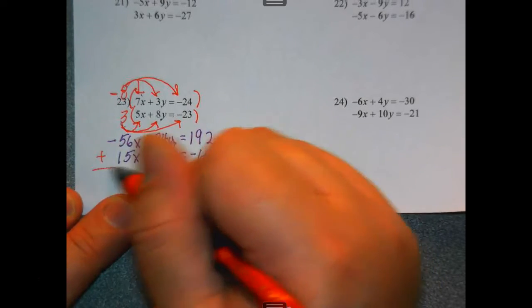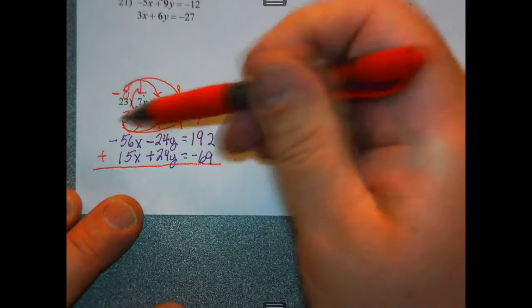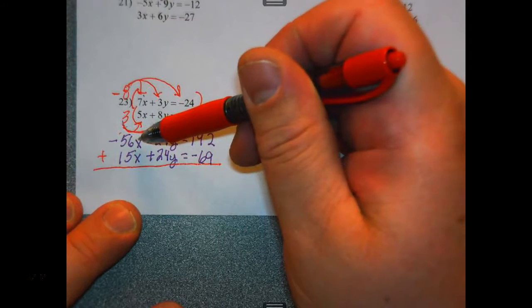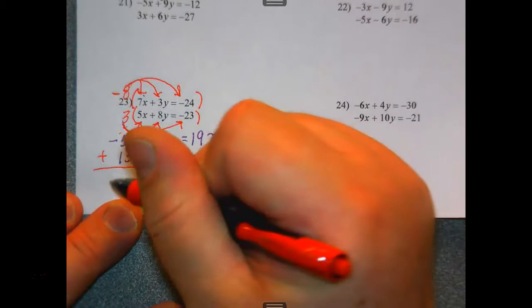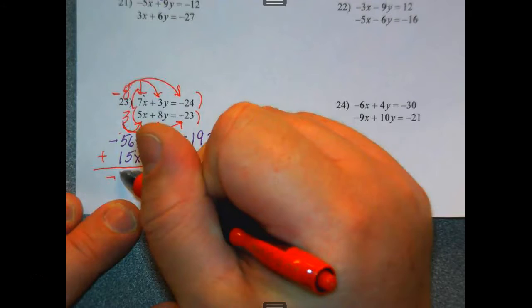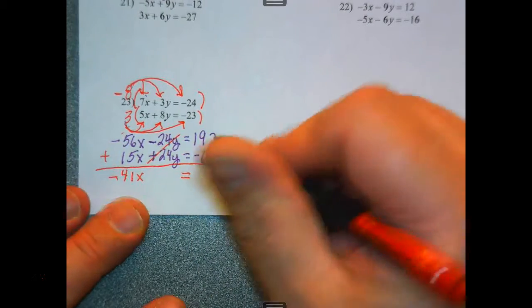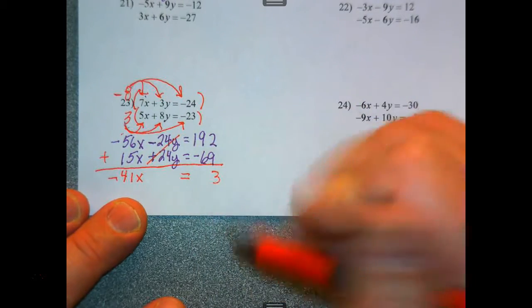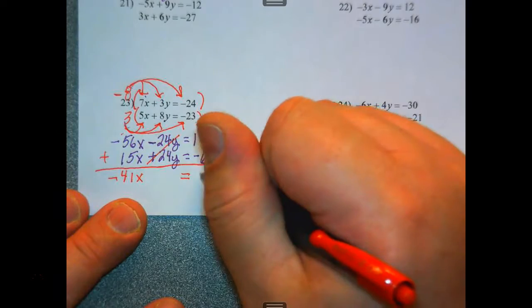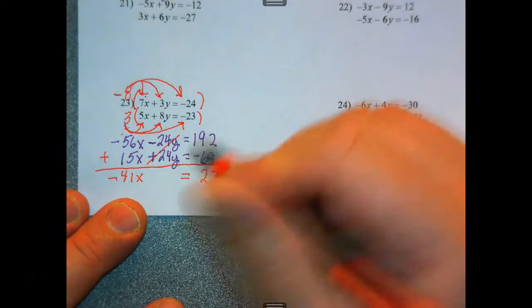Add those together. Negative 56x plus 15x is going to be negative 41x. These eliminate. See, negative 192 minus 69 is negative 123.